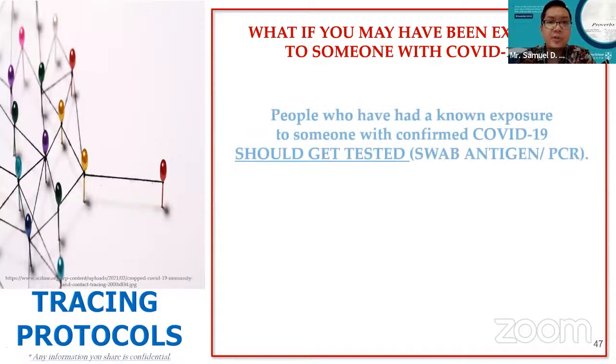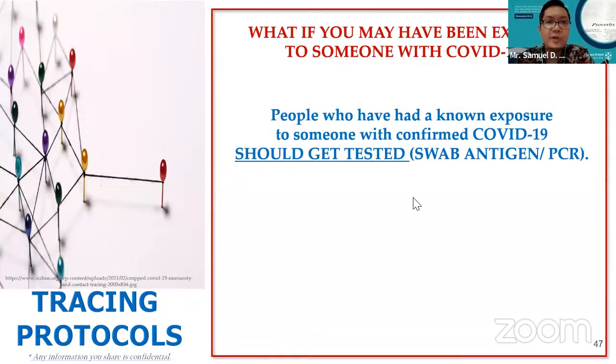Tracing protocols. If you may have been exposed to someone with COVID-19, people who have had a known exposure to someone with confirmed COVID-19 should get tested, either swab, antigen, or PCR.